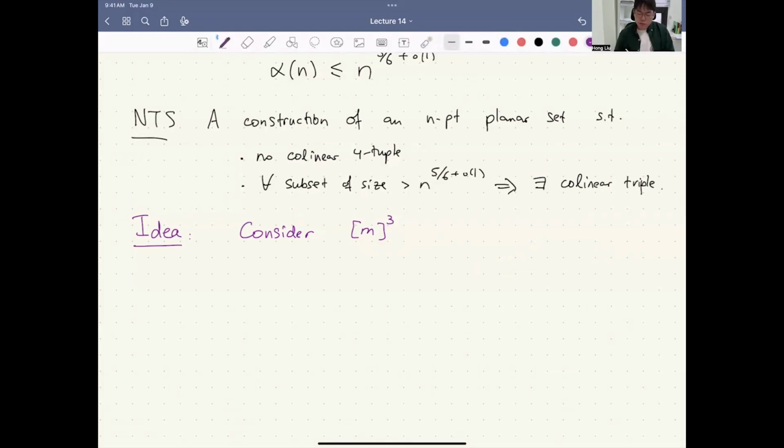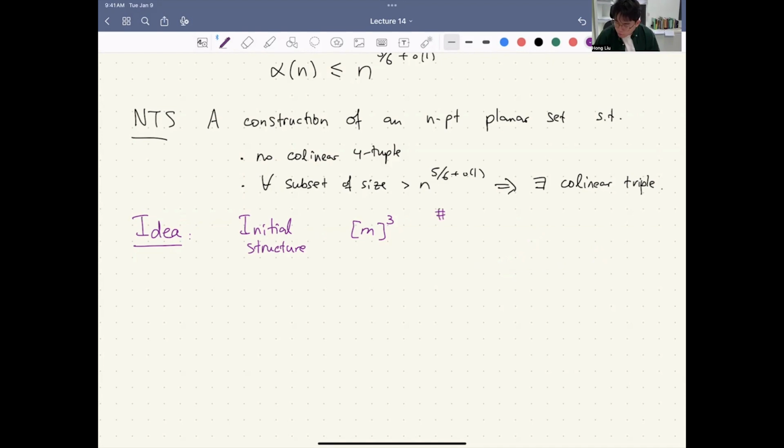What's nice about this initial structure, the m cube, is that it contains few collinear four tuple, but many collinear triple.